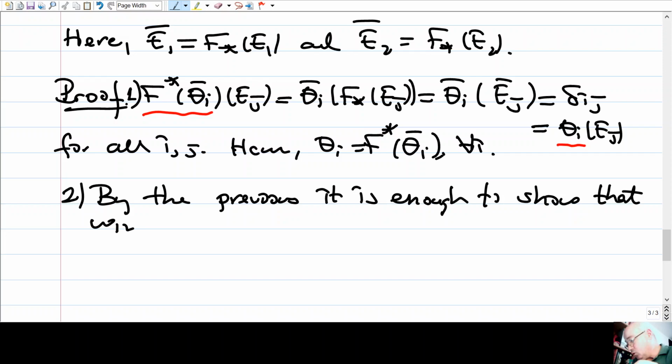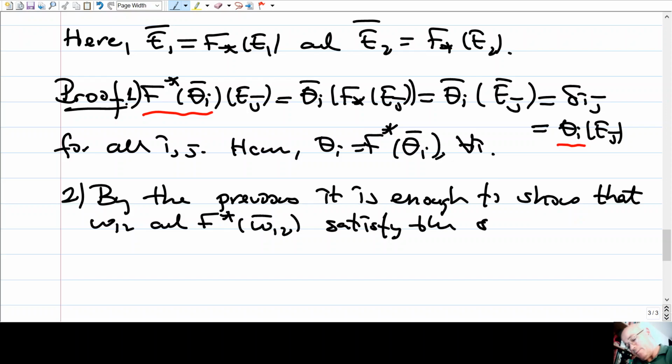Omega 1 2 and f star omega 1 2 bar satisfy the same structural equations.